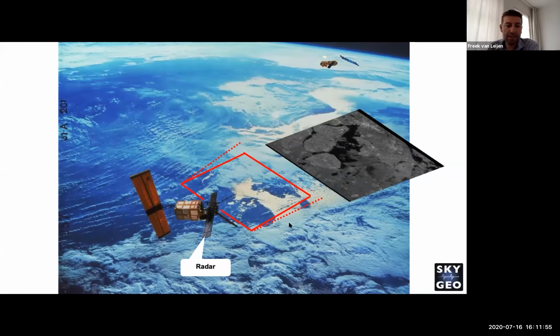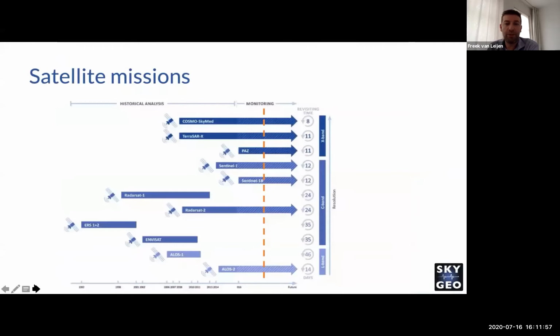This is the input data that we use, and not only from one satellite, but currently there are many different satellite missions in operation. So we can use data from all kinds of suppliers and pick the most convenient and most suitable data set for a particular project. And we can also do that for data in the past. I will get back to that as well.